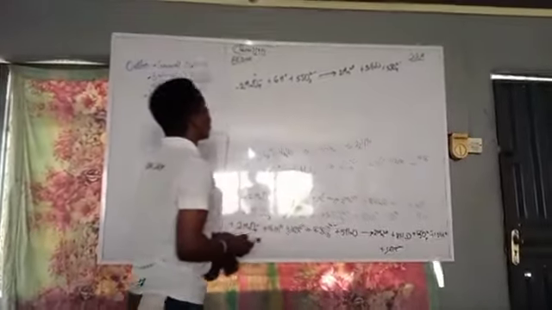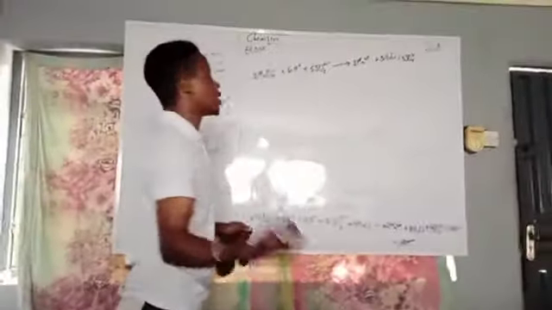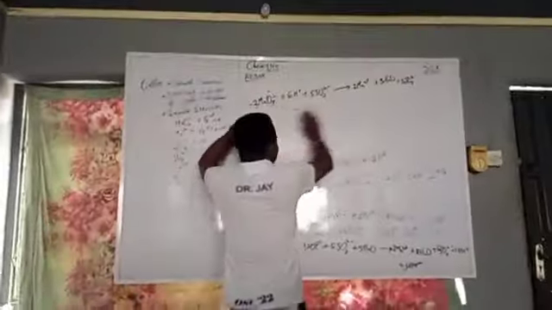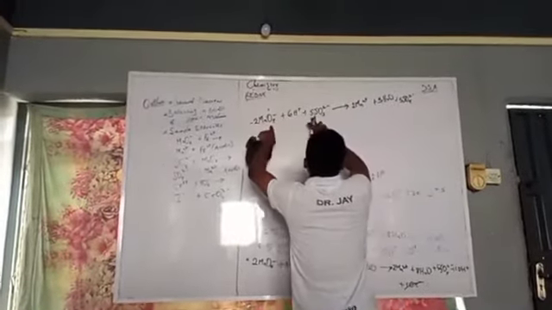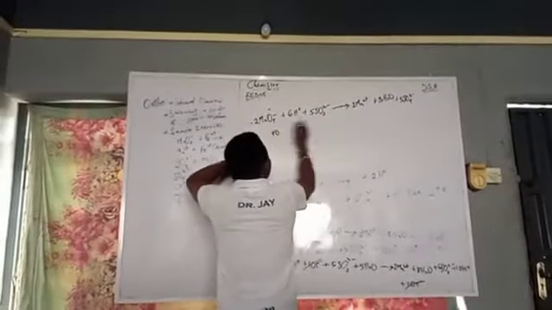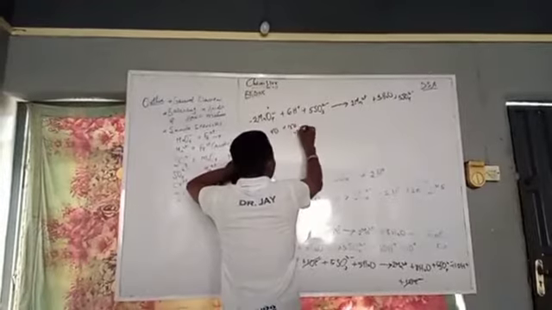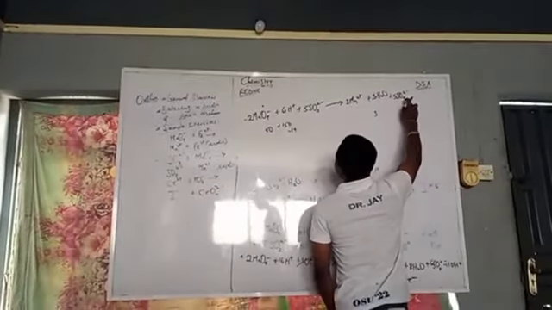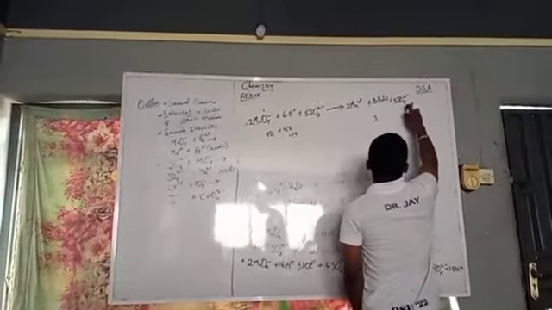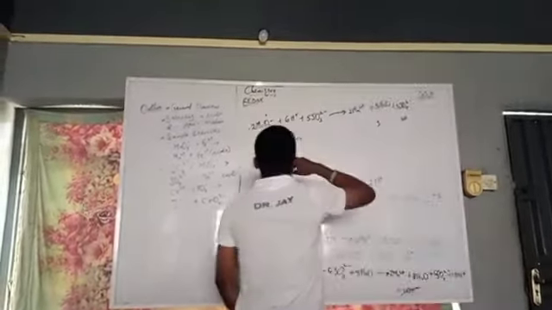Okay, so what next? Let's confirm if the situation is atomically and electrically balanced. So 2 Mn, 2 Mn, 4 oxygen here, plus, okay, this is going to be 4 oxygen, and here you have 5 times 3, that's 15, plus 15 oxygen, that's 19 in total. So here you have 3 plus, what do you have here? 5 times 4, that is 20, okay?